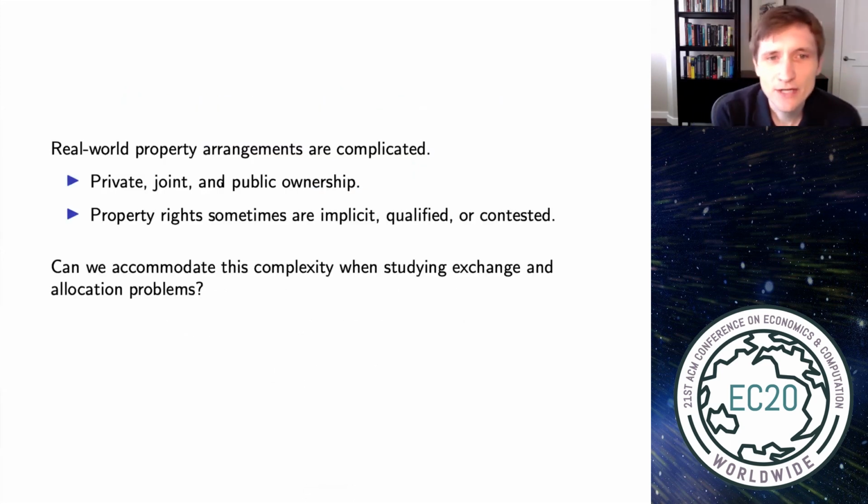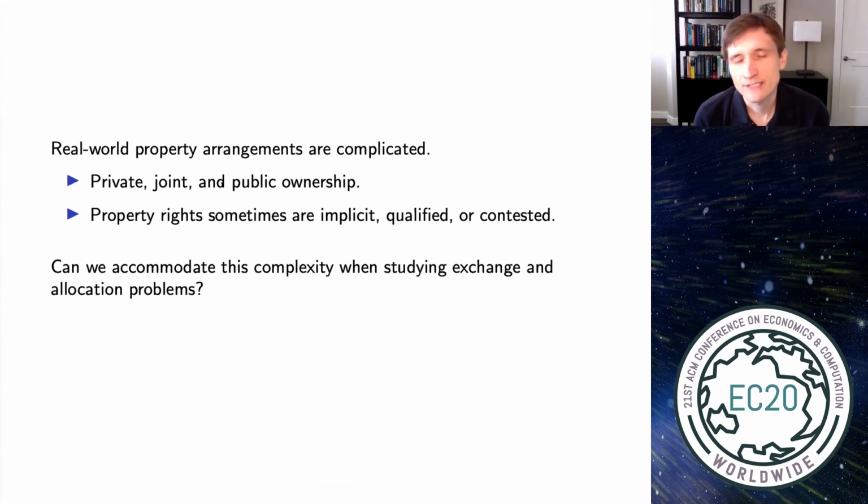Okay, so the starting point for this paper is the observation that in the real world, property is pretty complicated. There are things like joint and collective ownership. And in many circumstances, property rights are implicit or they're qualified in some sense.